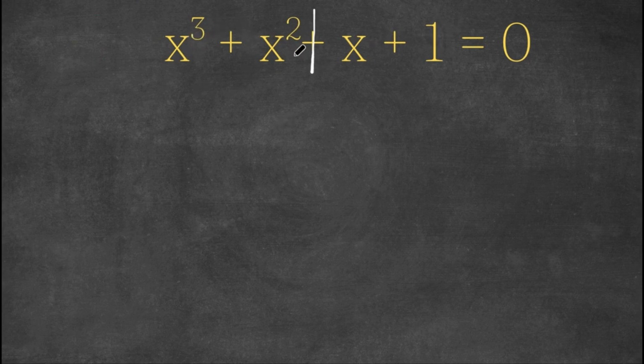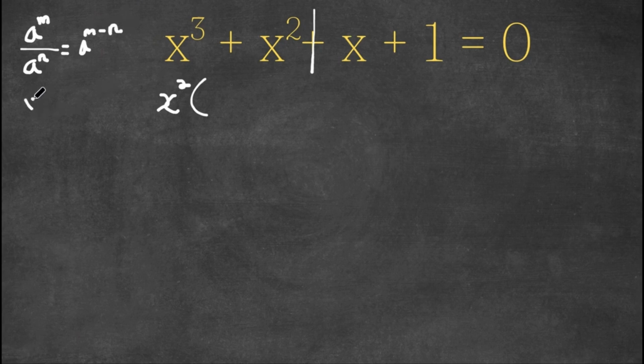So for x to the power of 3 plus x squared, we're going to factor out our greatest common factor, which in this case is x squared. If we factor out x squared, well, x to the power of 3 divided by x squared, what is that? If we have a to the power of m over a to the power of n, this is equal to a to the power of m minus n.